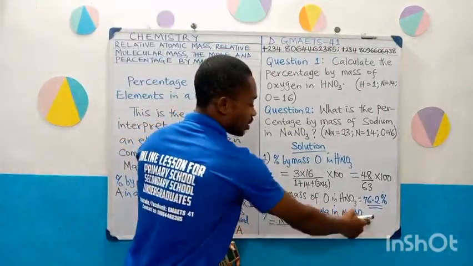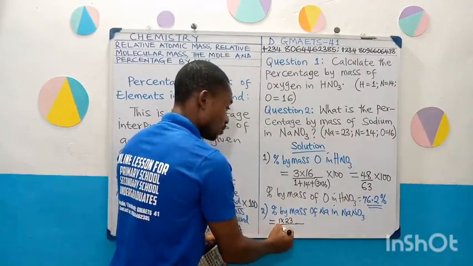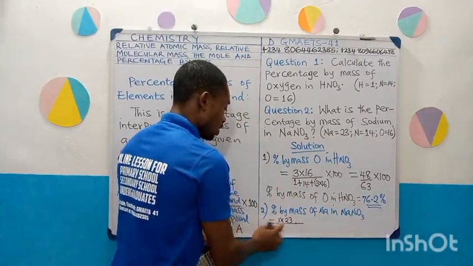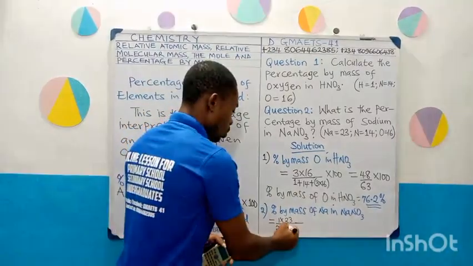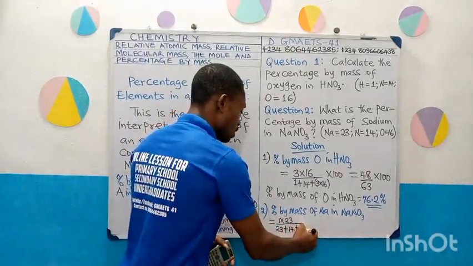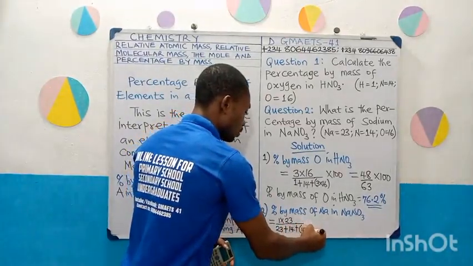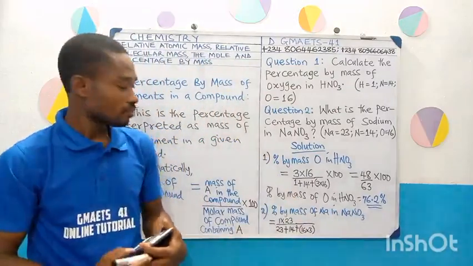mass of each of the elements in this compound to get the molar mass. Sodium is 23, let me just put 23 there, because it's 1 atom, it will still give us 23. So we would add, nitrogen is 14, then plus oxygen is 16 times 3. Because there are 3 atoms there, is that okay?